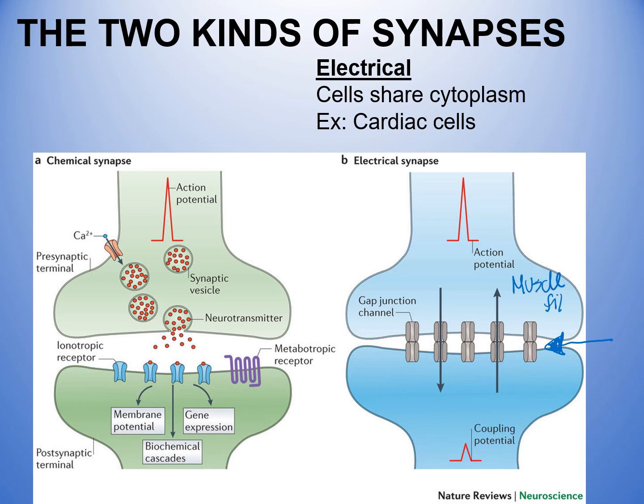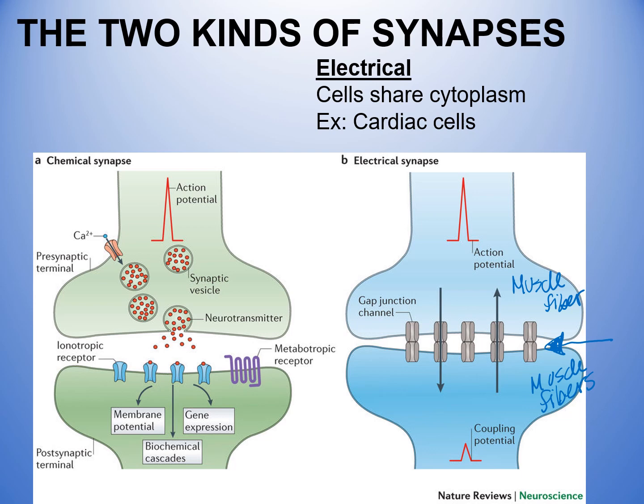It's a cardiac muscle fiber. And so is this one. So this is how muscle fibers communicate in terms of synapses. Just set that aside. The idea, though, is that they kind of share their cytoplasm with these channels. So it's almost like the heart's one big cell. Since they all share cytoplasm, are they really separate?